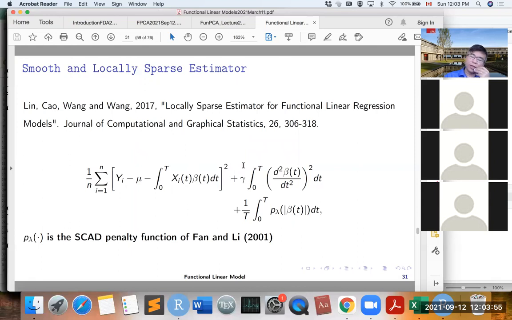The second term is the roughness penalty, and the third term is the Scad penalty. This is what we call a functional Scad penalty, which we developed. Here P lambda is a Scad penalty function proposed by Fan and Li in 2001.